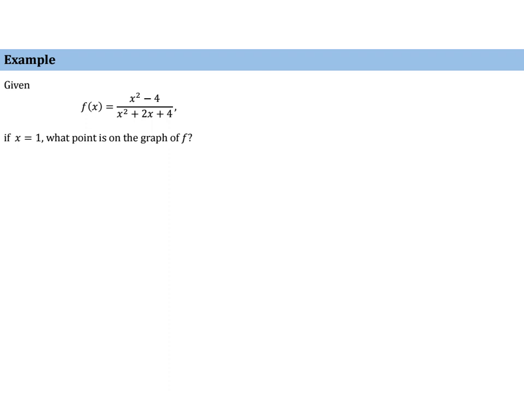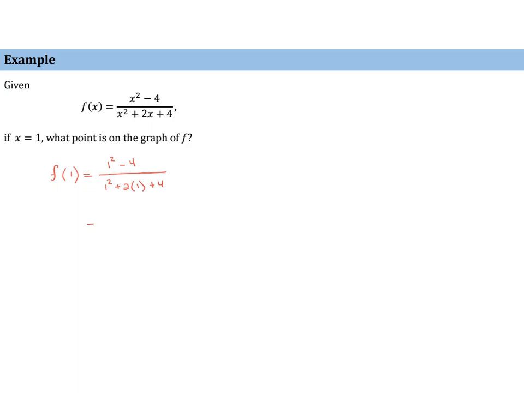So here we have a function, and we want to know what point is on the graph if x equals 1. So if x equals 1, we just need to find f of 1. So everywhere we see x, we will replace with 1. So we have 1 squared minus 4 over 1 squared plus 2 times 1 plus 4.